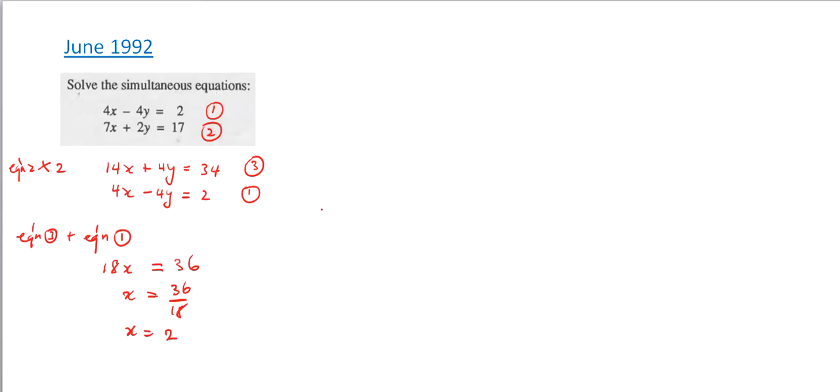Our next step is to substitute x equal 2 into any one of our equations. We want to solve for y, so we can use equation 1. So 4, in this case x is 2, minus 4y is equal to 2.